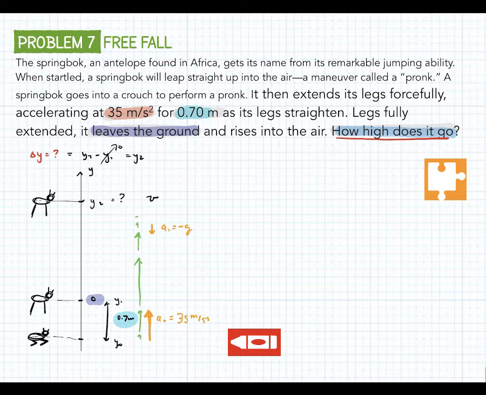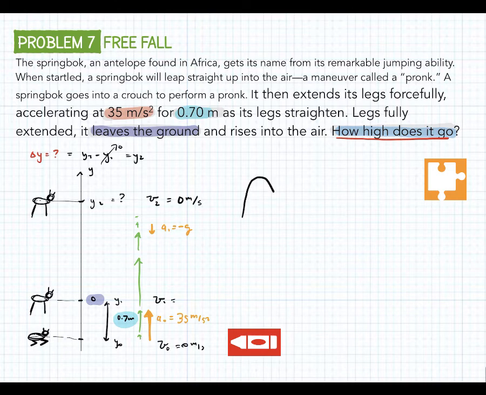This would be v2, this will be v1, and this will be v0, which is 0 meters per second. We don't know velocity 1, but we do know velocity 2. This is an implied thing, because the height is going to be the maximum height, so that's the turning point, because it can't go any higher without turning around. That means this has to be 0 meters per second, because this is a parabolic arc in the y direction.